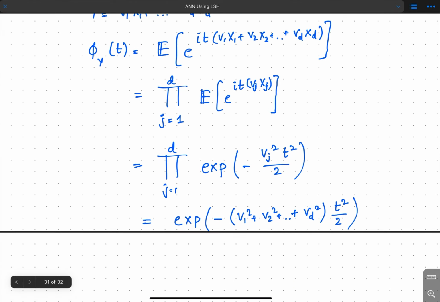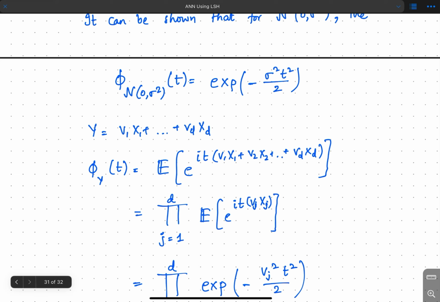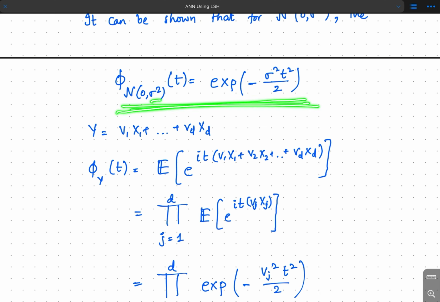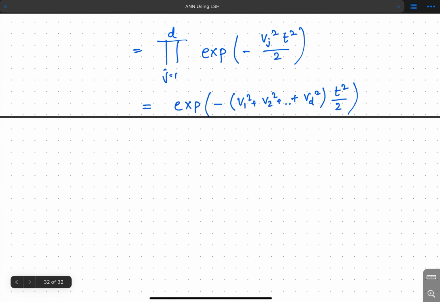Okay, so this is the characteristic function, but we have already seen that this is in the same form as the characteristic function of a normal random variable with variance sigma square. So this is the characteristic function of y. So y should be distributed as a normal random variable with mean 0 and variance given by norm v square.